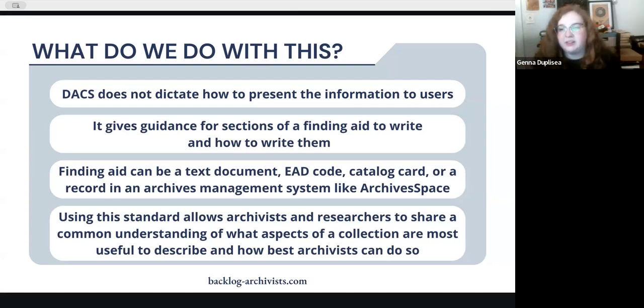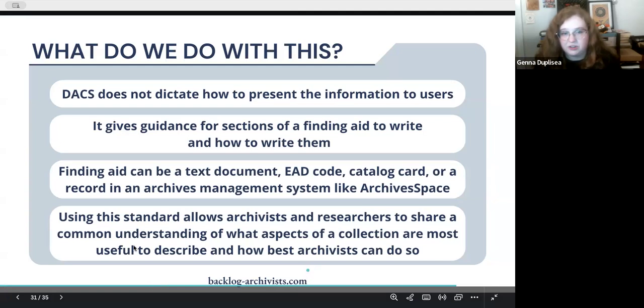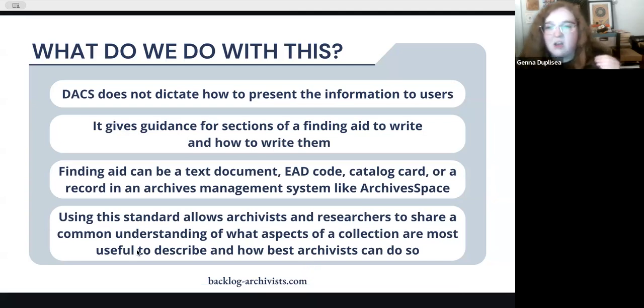This standard is giving guidance for the sections of how to write a finding aid, what to write and how to write them. And using this standard allows archivists and researchers to share an understanding of what aspects of a collection are most useful to describe, and how best archivists can do so in order to center their users.